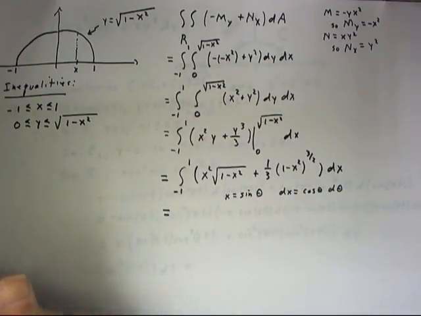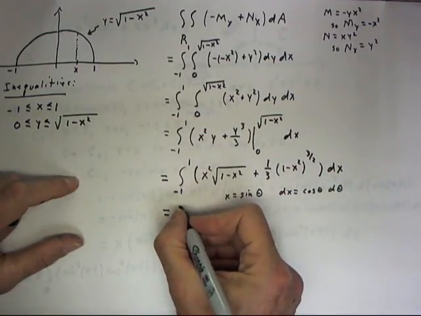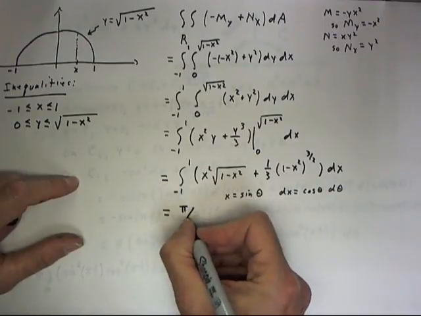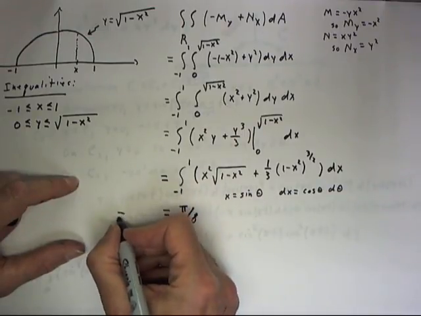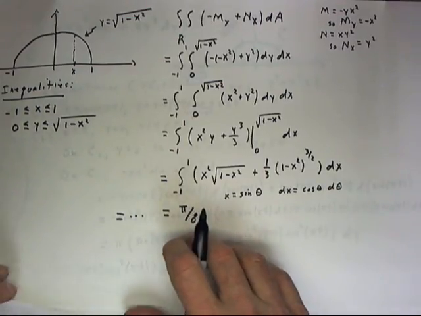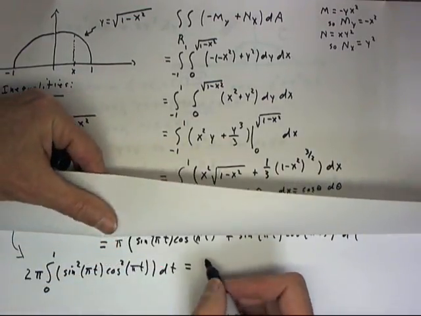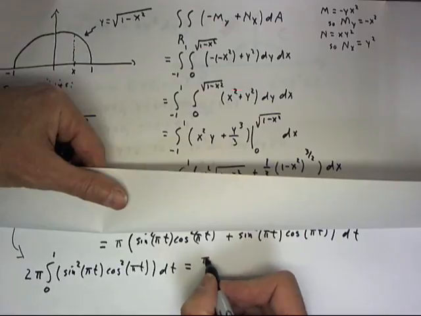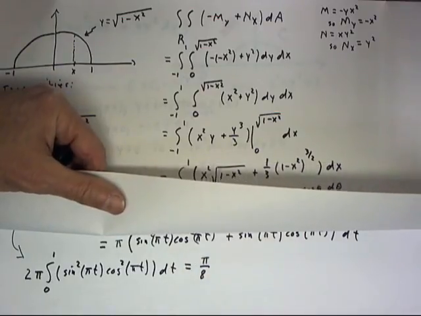Our integral is just pi over 8, but of course we've got a lot of steps between here and here, and this integral you should also be able to verify is pi over 8.